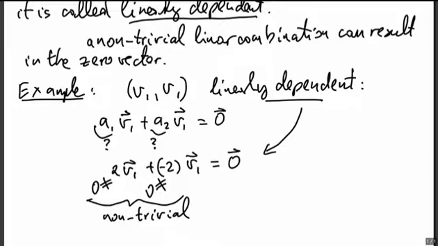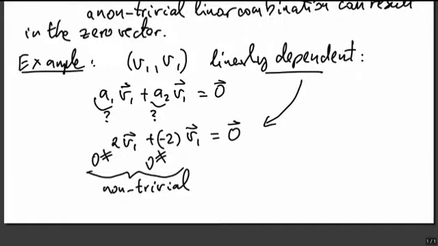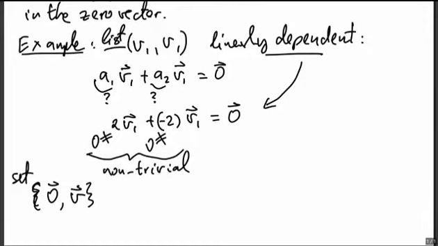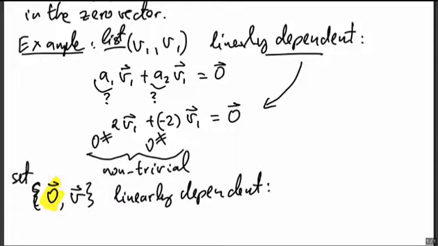Another example, instead of a list, of course we could have also a set the same way, but instead of repetition, so this was a list, now let's consider a set, 0 and v. We don't care what kind of v this is, it doesn't have to be the 0 vector, so this will be linearly dependent no matter what v is. If you have a 0 vector in a set, why is it linearly dependent?